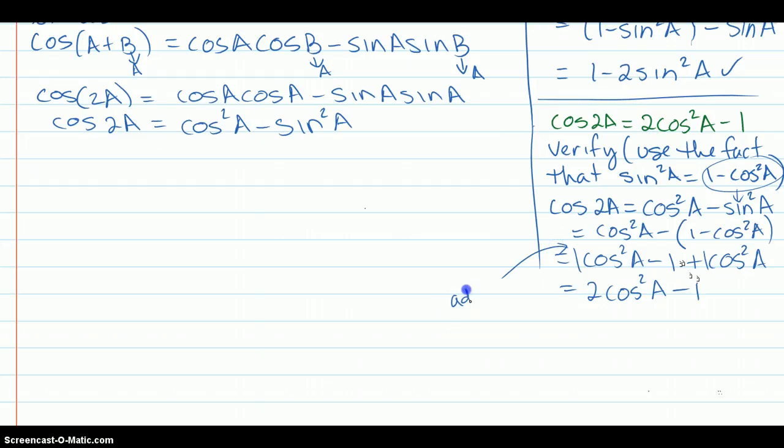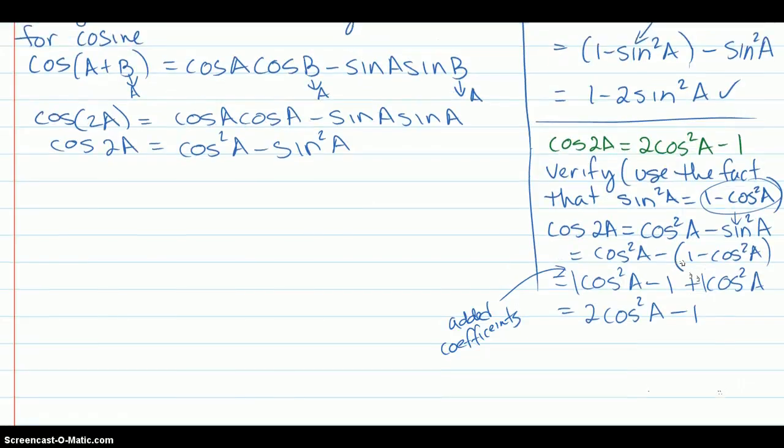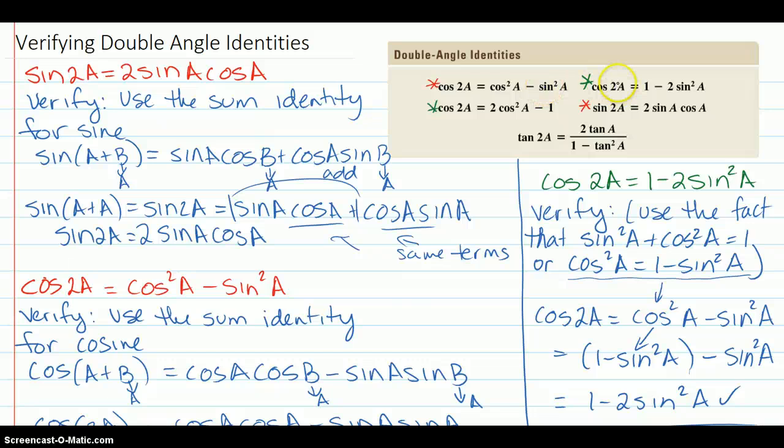You can see that we get the third form. So if you go back up here, there are actually 3 different forms for the same identity. I will use them interchangeably whenever needed.